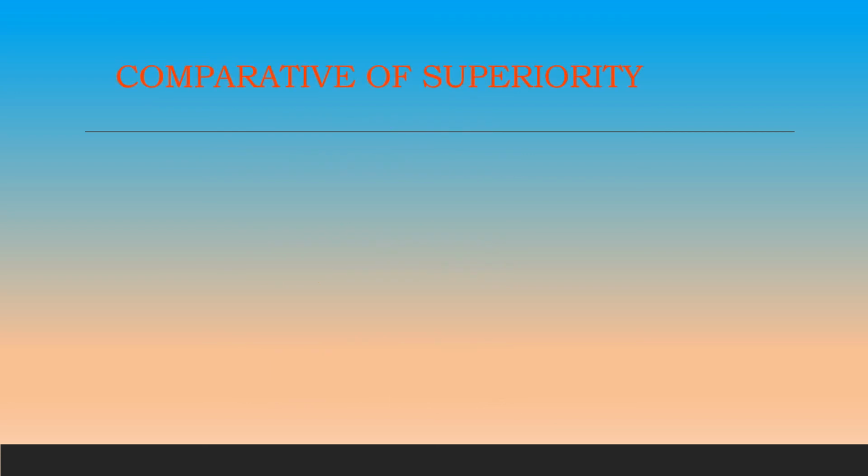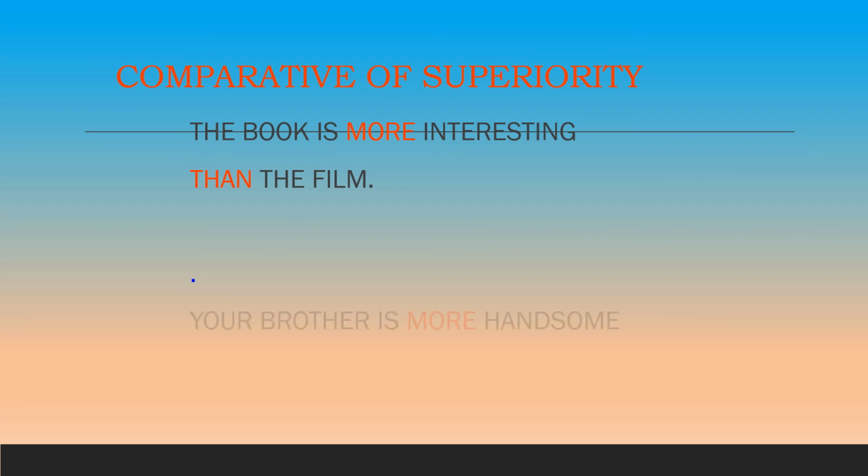And the comparative of superiority, for adjectives not ending in OW, ER, LE, or Y, then it's more plus adjective plus than. The book is more interesting than the film. Your brother is more handsome than John.